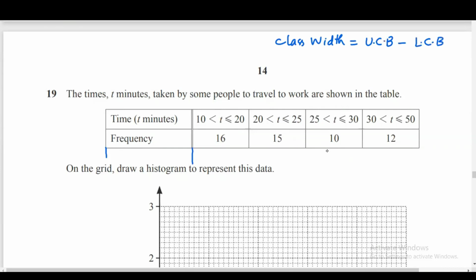In this data, this value is the lower class boundary, and this value is the upper class boundary. And in the same way, this is the lower class boundary, and this value is the upper class boundary here. So the first step is you have to find class width.